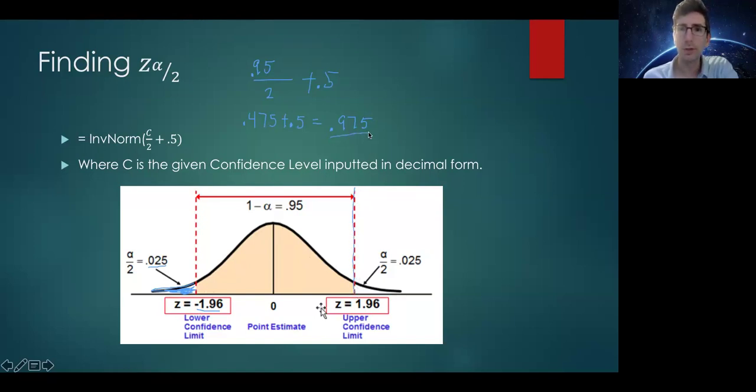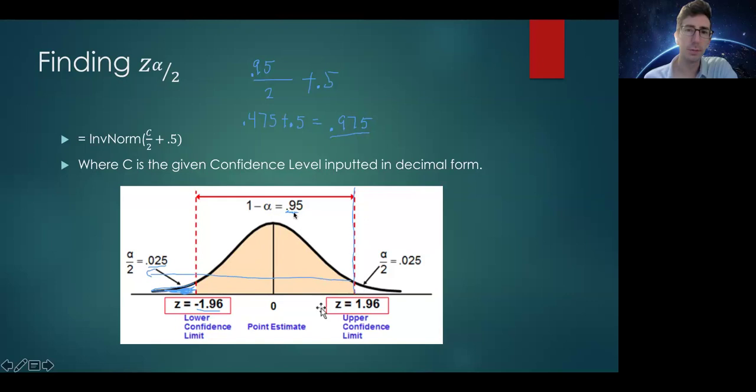You might be asking, well, why is it 0.975 if it's a 95% confidence interval? It's because if you're finding the area to the left of this upper value, you need the total area under the curve inside of your interval, which we know is 0.95, but you're also finding everything to the left, right? You've got one value, so you're going all the way to the left.